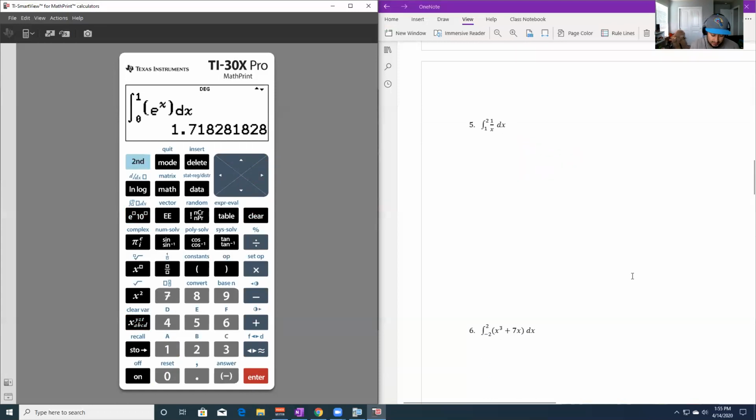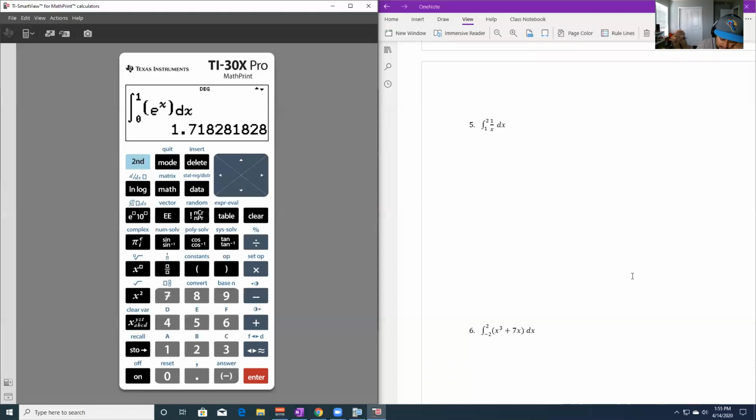Number 5 is the integral from 1 to 2 of 1 over x dx. Now remember, the antiderivative of 1 over x is the natural log of the absolute value of x. So this makes it easy.